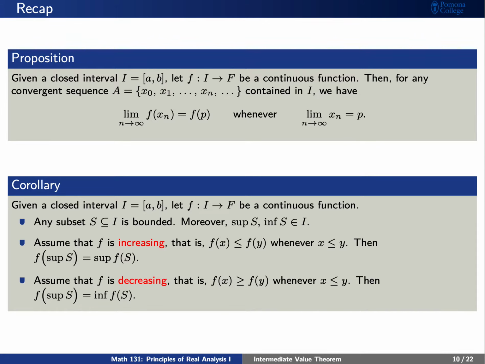Then f evaluated at the supremum of the set S is just the supremum of the set f of capital S. Next, let's assume that f is a decreasing function. That means f of x is greater than f of y whenever x is less than or equal to y. Then f evaluated at the supremum of capital S is the infimum of the set f of capital S.